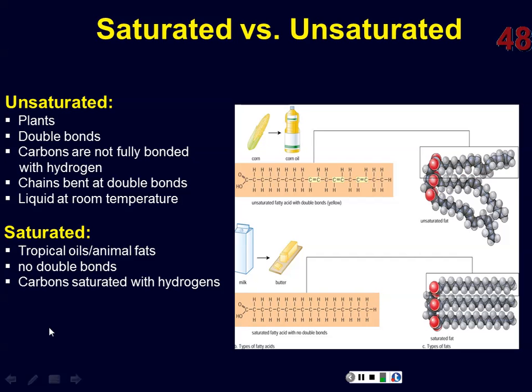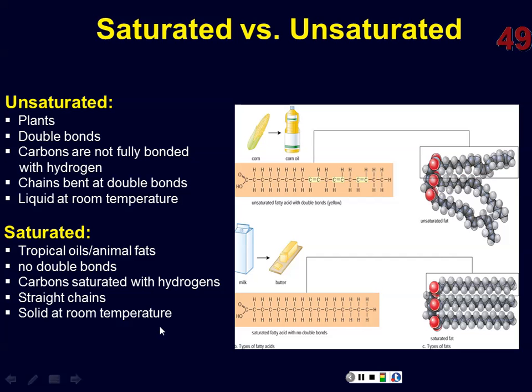The carbons are saturated with hydrogens. Well, since there's no double bonds, it causes this molecule's fatty acids to be straight. You have straight chain fatty acids. Well, if you take this molecule and you stack it on top of other molecules just like it, they stack very nicely together because they're straight. It's like stacking books up, which causes this substance to be solid at room temperature.